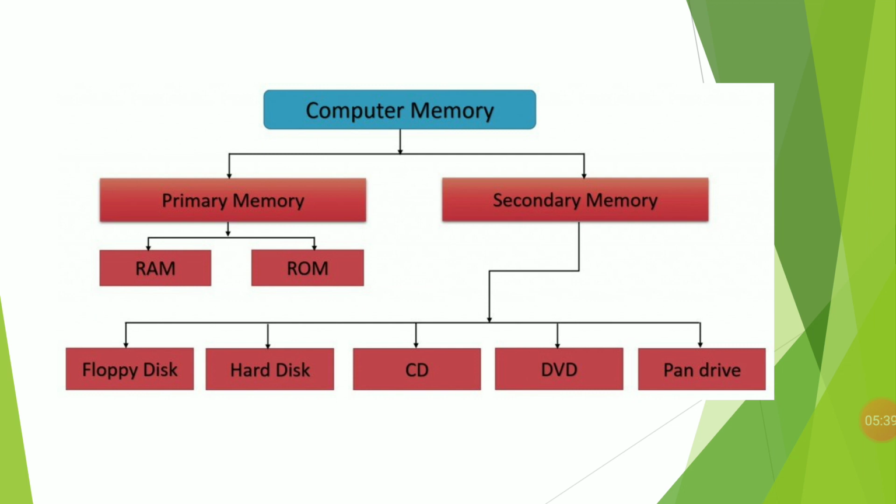Next, if we discuss ROM, ROM stands for read only memory. It is a type of memory from which information can only be read, whereas in RAM information can be read from and also written to.